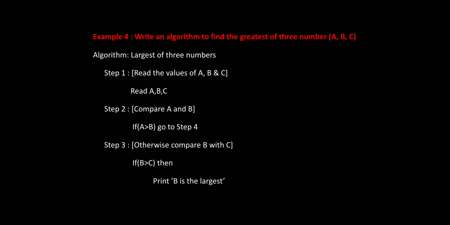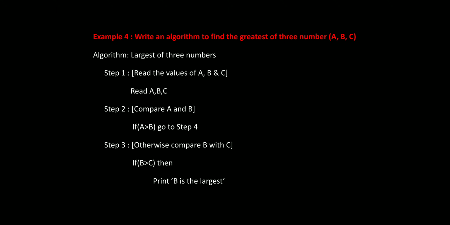Variables are used to store some values. Here we need three values, so we take three variables, that is A, B and C. Then we have to compare the three values with one another to find the greatest of three numbers.